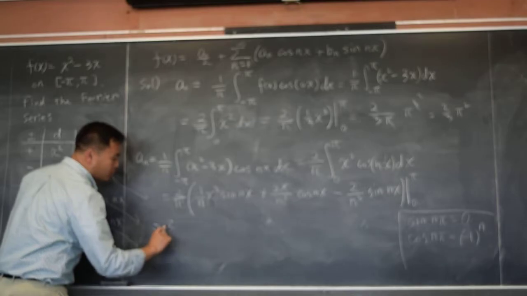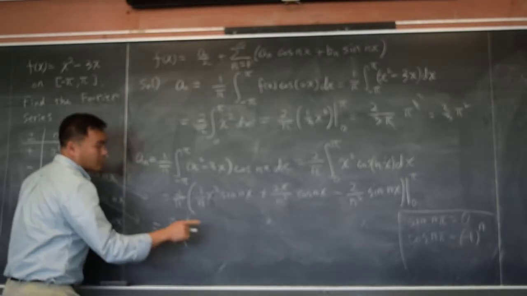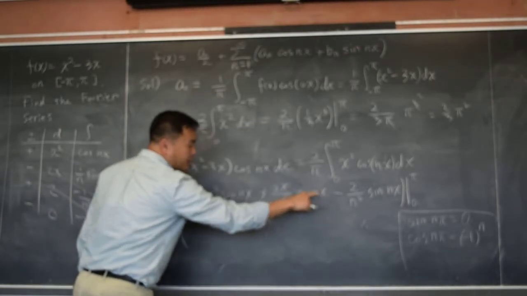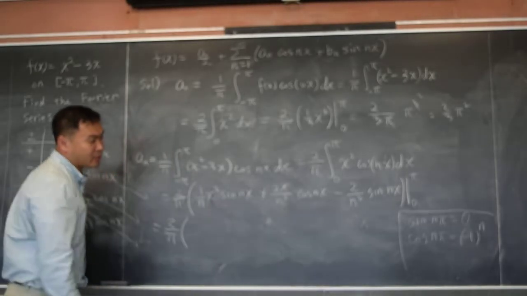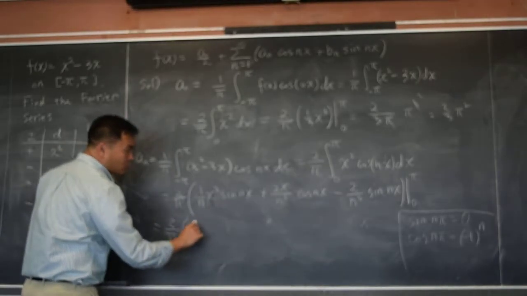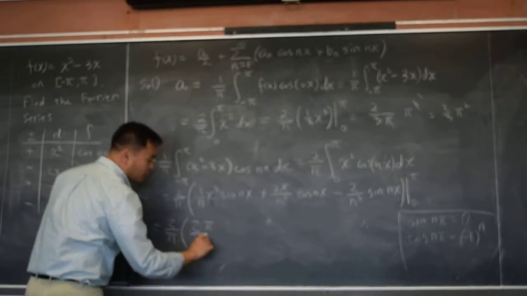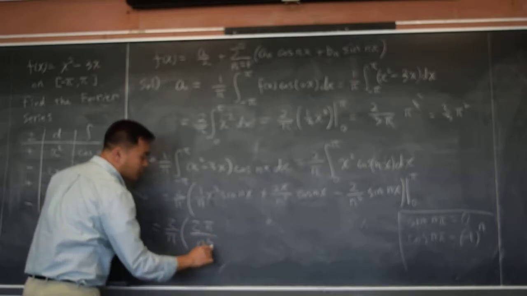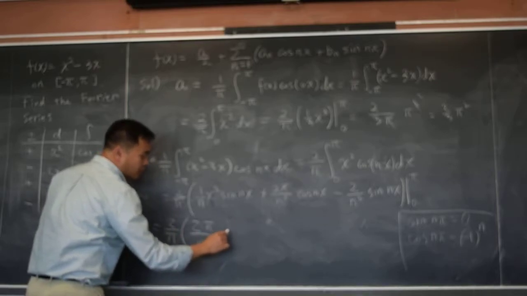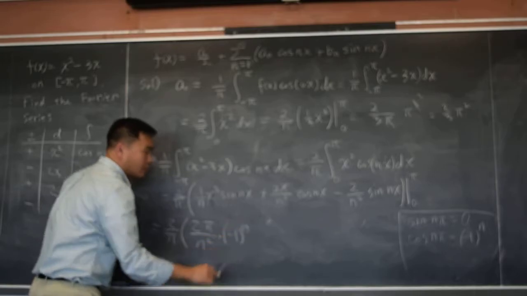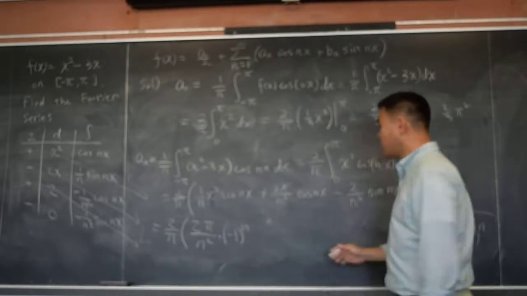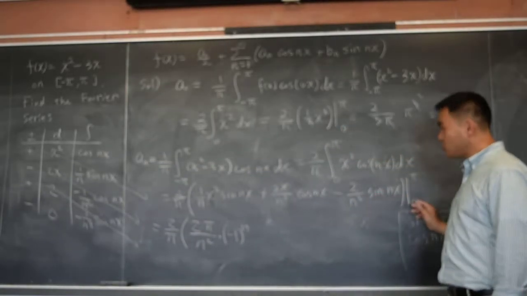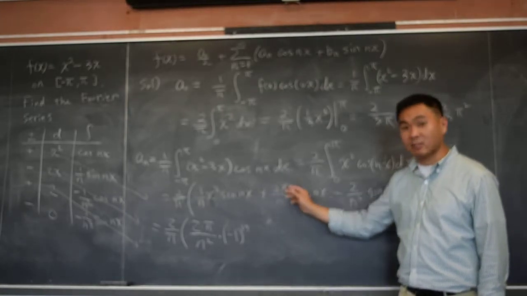It's 2 over pi. Plugging in pi here is cosine n pi. We said it's negative 1 to the nth power, so it will be 2 times pi over n squared times negative 1 to the nth power. And then when you plug in 0, again, these are 0. But when you see here, there's also an x here, right?